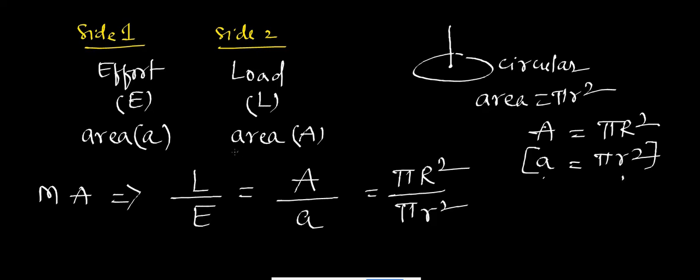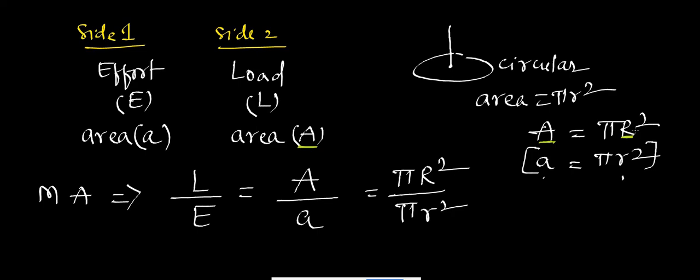Now side 2, we have the piston which is bigger in size, so its area is also more. We have considered capital A as its symbol. So when you take the area of that bigger piston, it is pi r square, but here we are using capital R as the symbol. Capital A means capital R, small a means small r. Area is pi r square. Why? Because the area of a circle is pi r square, no?